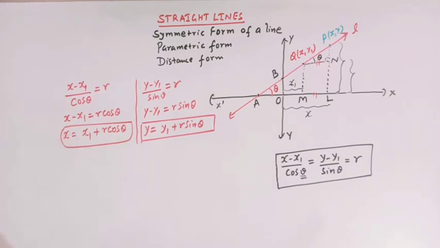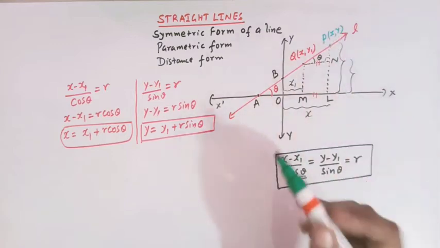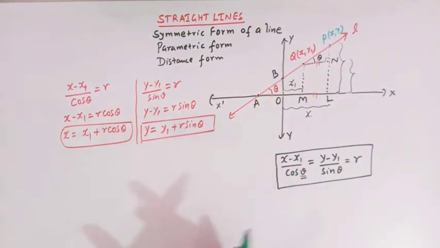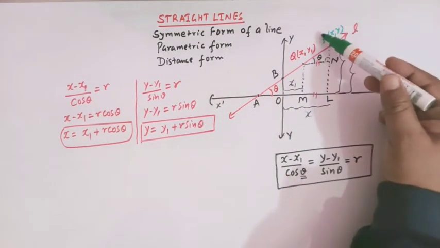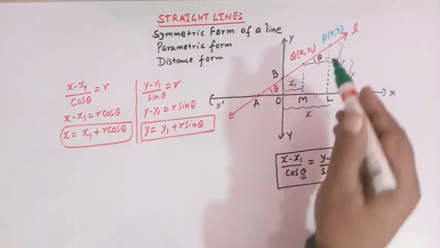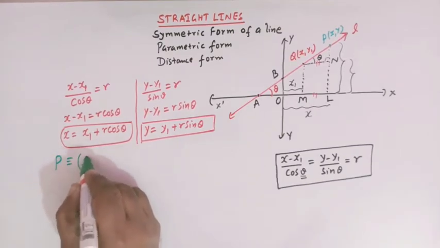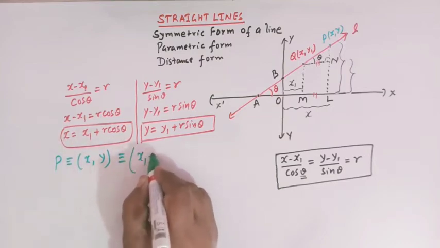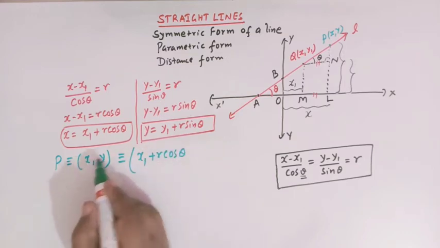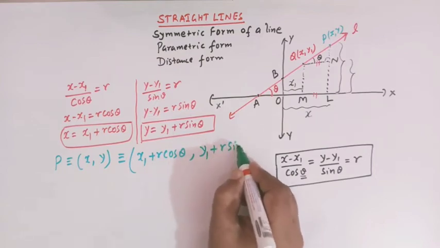And see what we have said earlier, that this point P has the coordinates (x, y), and P is a representative of all the points lying on this line L, so we may call it the general point lying on this line L. The general point P is now given by x equal to x1 plus r cos theta, and y equal to y1 plus r sine theta.